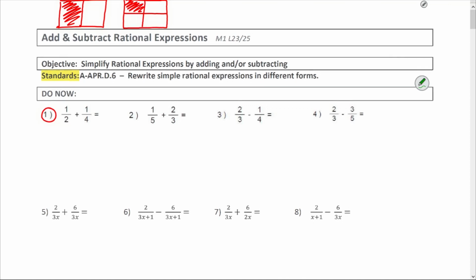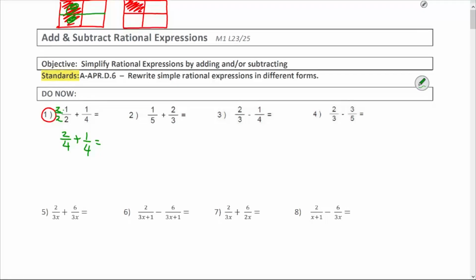But the important thing is that I can't add these together because they're a different size of piece. So what I do is I change this one so that I have the exact same size of piece. Instead of writing 1/2, I think of it more as I have 2/4. I do that by multiplying top and bottom by 2, so I get 2/4 plus 1/4, and now I'm dealing with fourths.